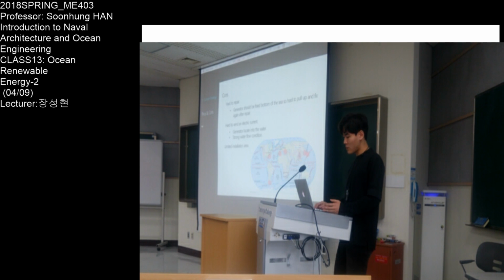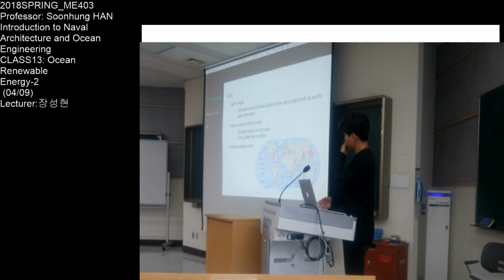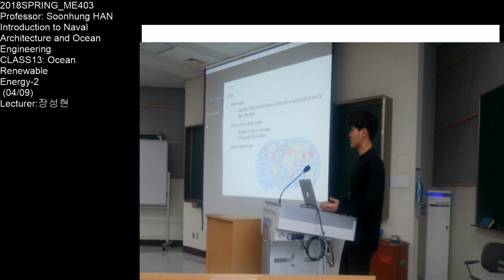But it also has some cons. If it breaks, we need to pull it up to the sea level and fix it, and pull it down again. So it's hard to repair and hard to send the electric current, because the regions where the current flows stronger are a bit far from the land.